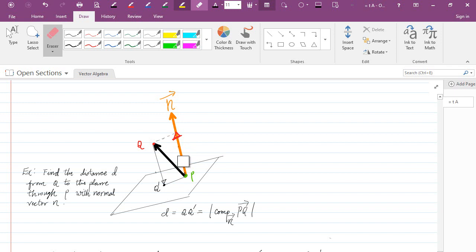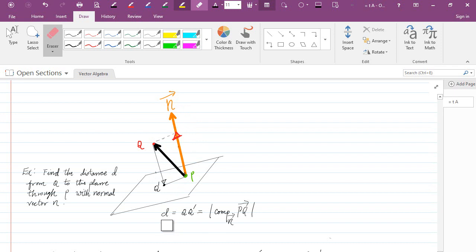So the distance from Q to the plane can also be found by finding the length of the projection vector of the vector from P to Q onto the vector n.